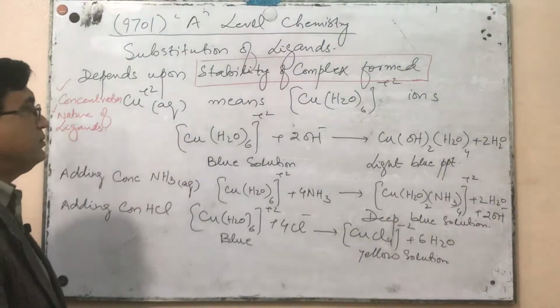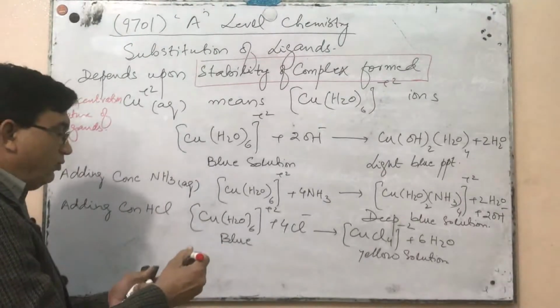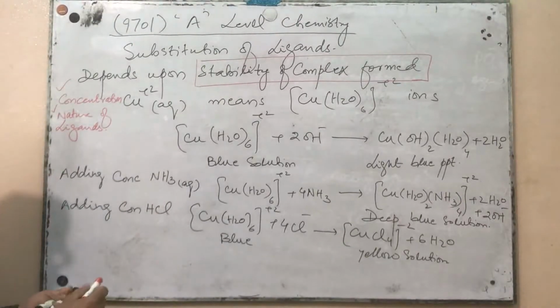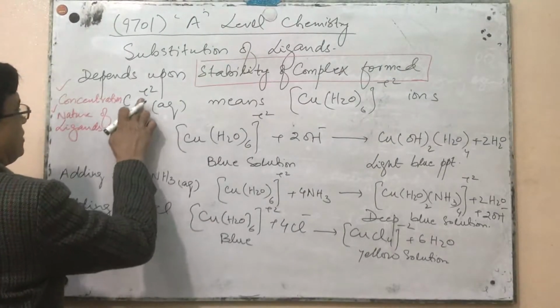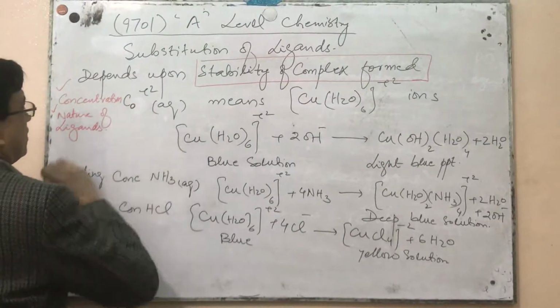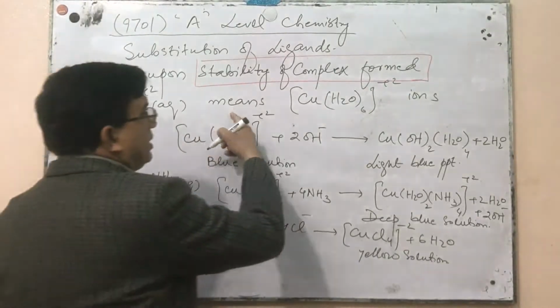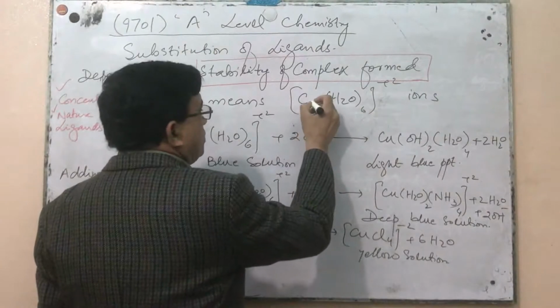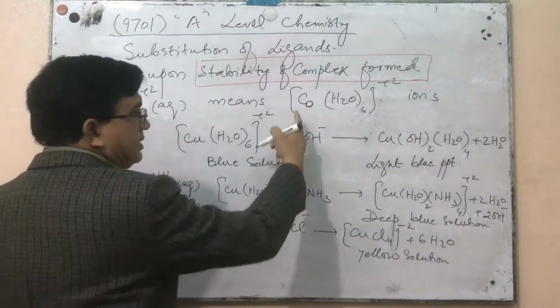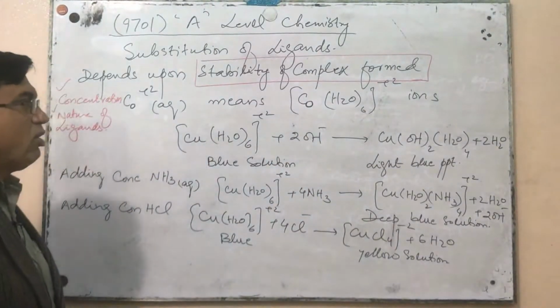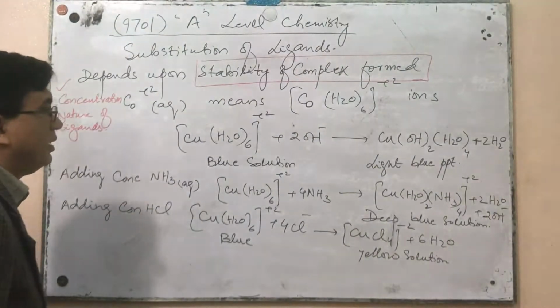Next, in the case of cobalt instead of copper, if we consider cobalt aqueous solution, the solution is hexa aqua cobalt 2 ion.